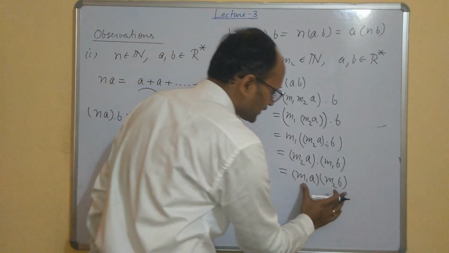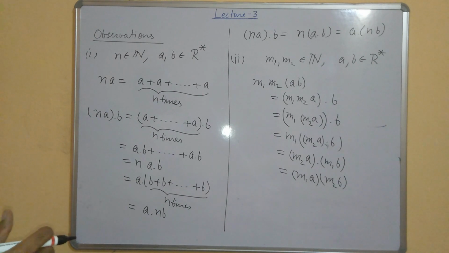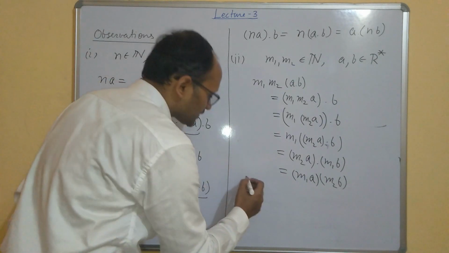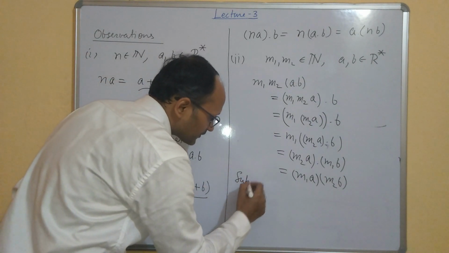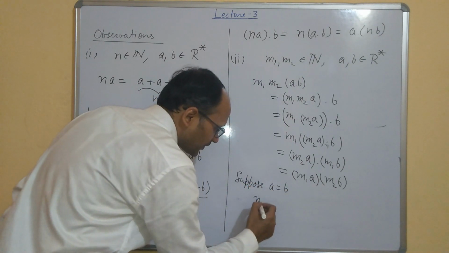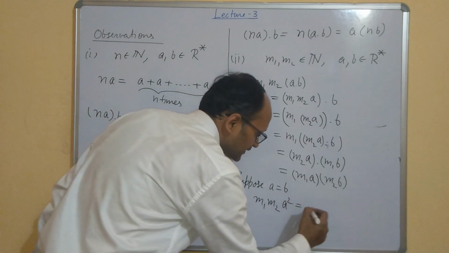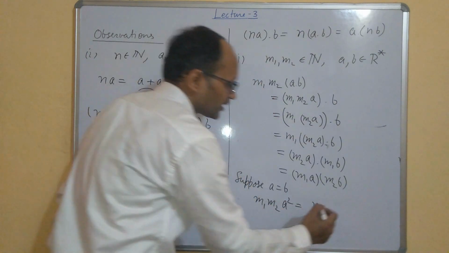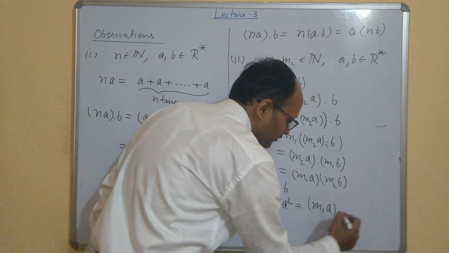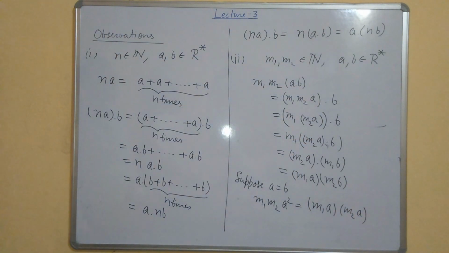So it will not affect the thing. So we can also write it like this. So suppose a is equal to b, then simply m1 m2 a square is the same thing as m1a into m2a.